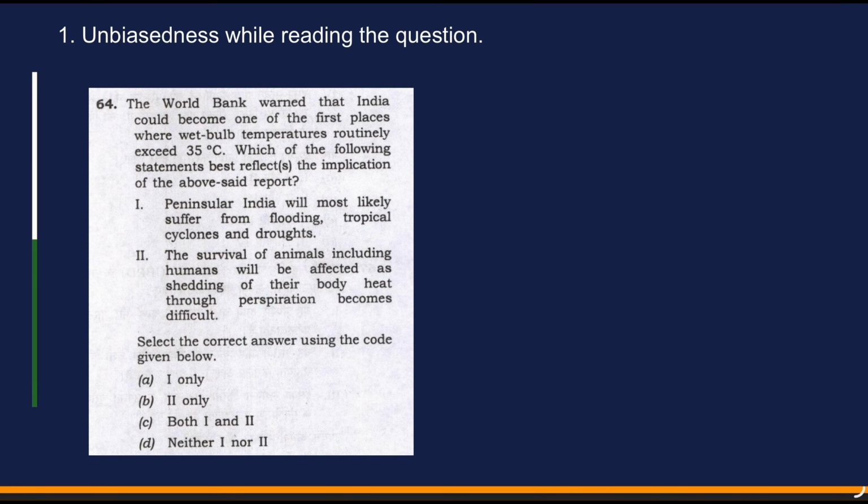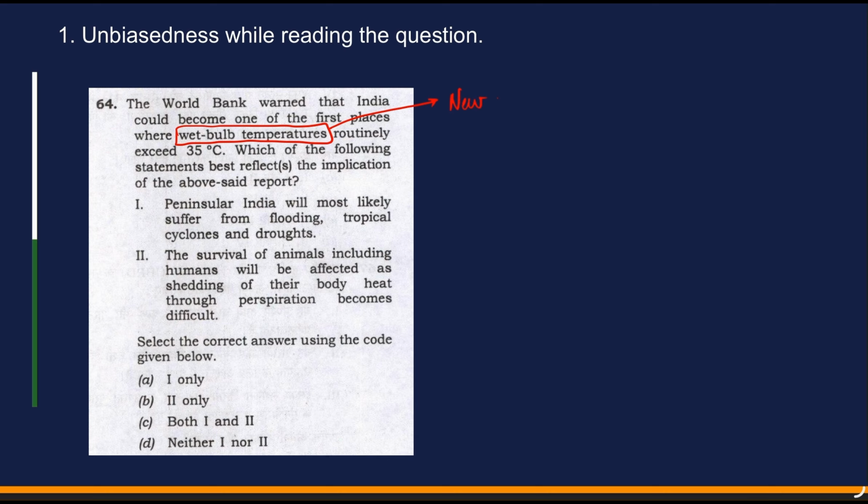Generally, there is a tendency that when a person sees a topic which he has not read, he tends to become biased against the question or the topic. Here in this case, they've talked about wet bulb temperature. When I was solving this question, this was a very new topic for me. For the first time, I was reading this phrase in the exam.